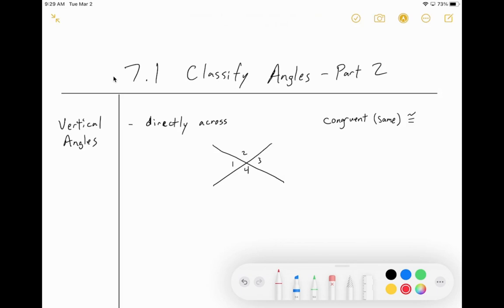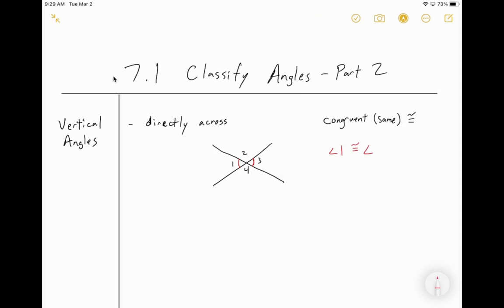So for example, angle 1 and angle 3. Angle 1 is congruent to angle 3. And I'm going to prove that to you in just a second, right? We can also say that angle 2, and now notice I put those little red lines, like one single red line, that means anything that has that single red line is the same.